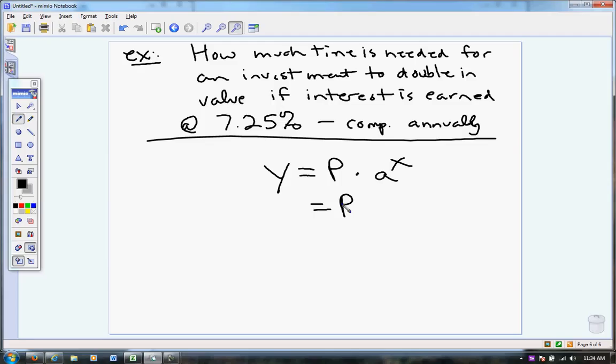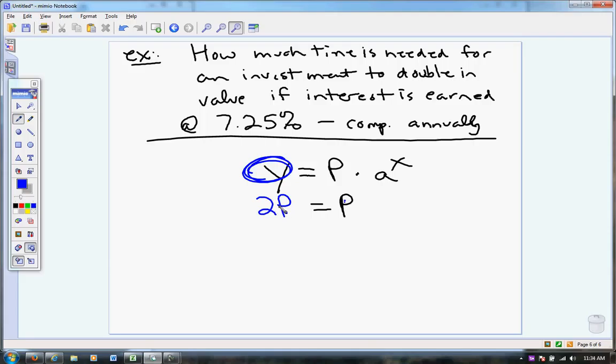Now remember, this y right here is actually telling you the final value. So what they're saying is, when is this going to be 2 times the p? So I'm going to put a 2p over here, because that's what it's asking. When is that principal going to double?